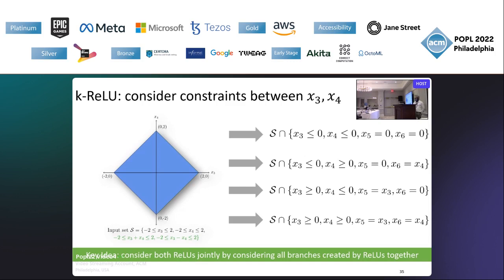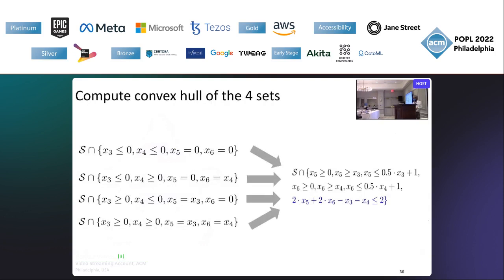The next thing you need to do, for computing the output, is combine these 4 sets together. The most precise set you can get is computed by computing the convex hull of these 4 sets. This convex hull is again a bottleneck operation. It's expensive, and it does not scale very well to high dimensions.